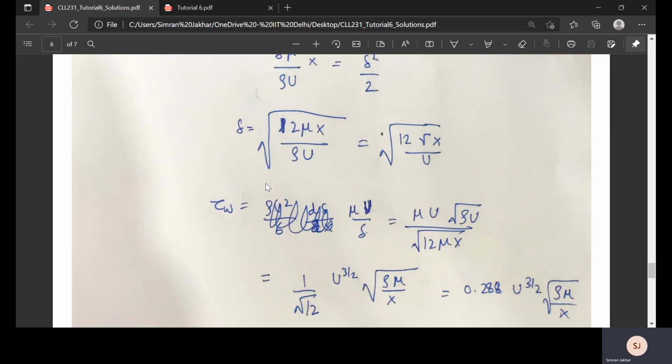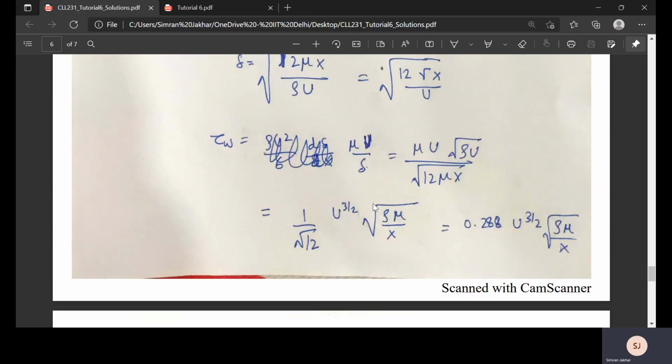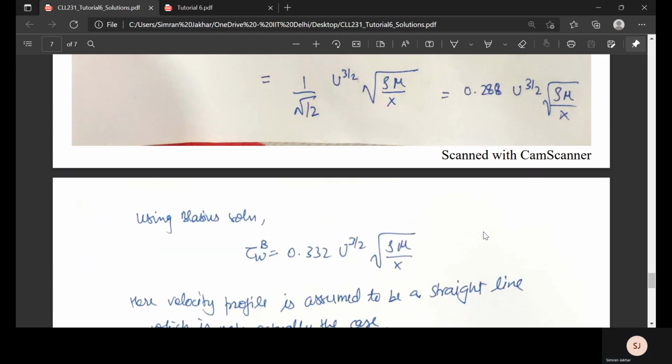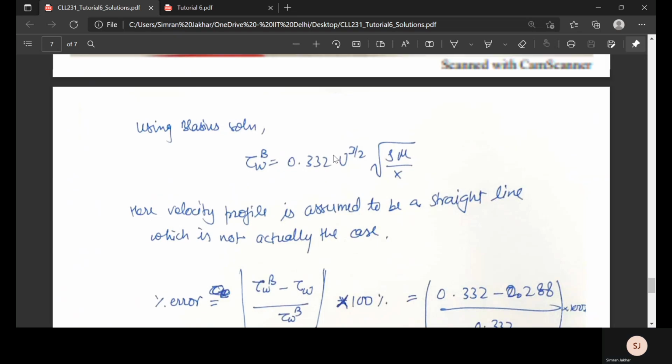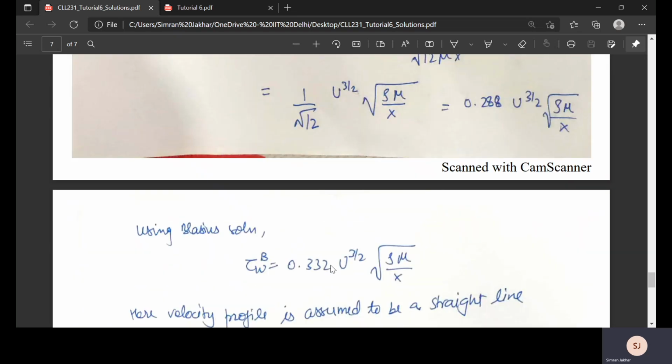So delta will come out to be root 12 mu times x by u. The final expression of tau will come out to be 0.288 times u raised to power 1.5 times root rho mu by x. Using the Blasius solution, the value of this constant was 0.332.